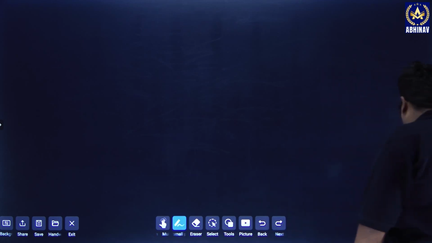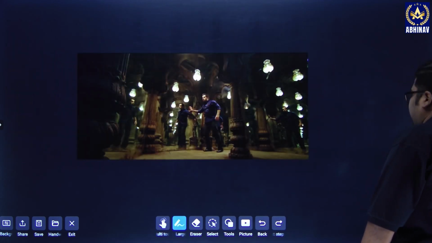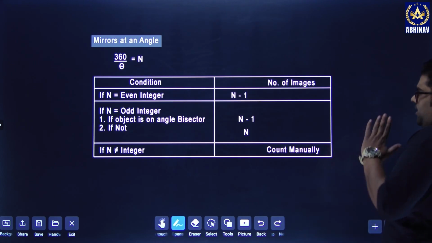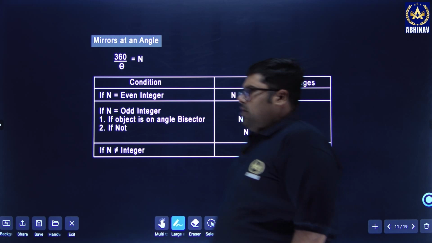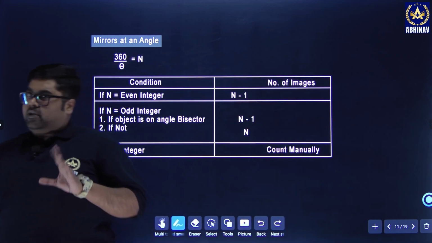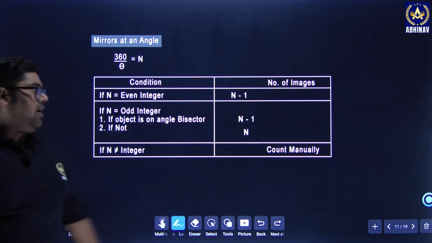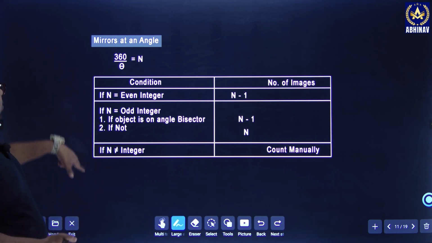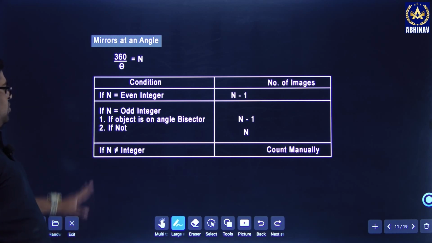I have prepared a chart that will make things a lot easier. Whatever angle is given to us, our first aim will be to find capital N. Capital N is not the number of images. For that you need to memorize this chart, and it's very easy.